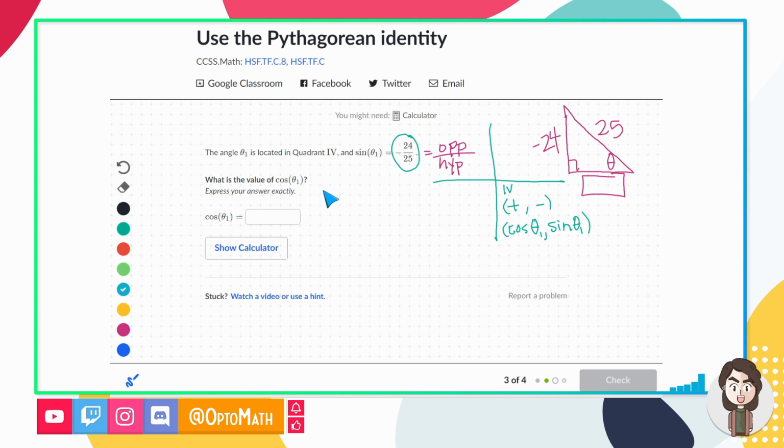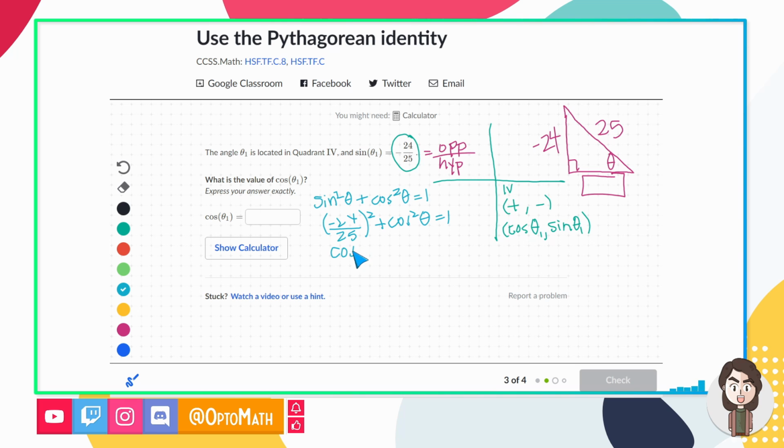So we know sine squared theta plus cosine squared theta equals 1. So let's just substitute into this formula. So negative 24 divided by 25, all of that squared, plus cosine squared theta equals 1.